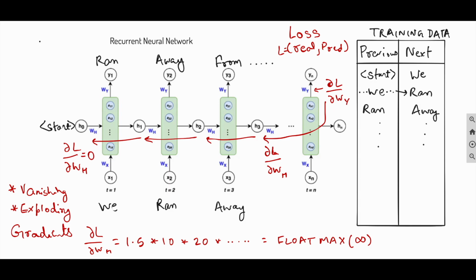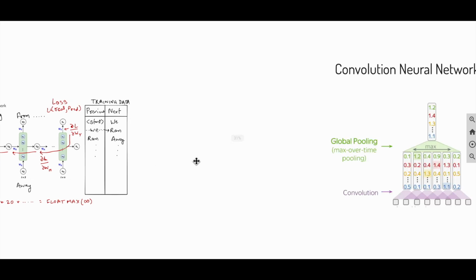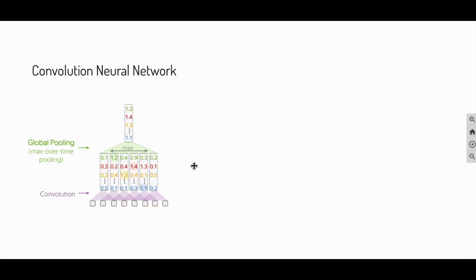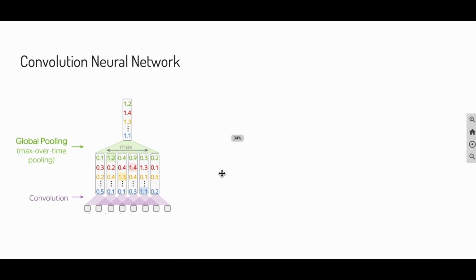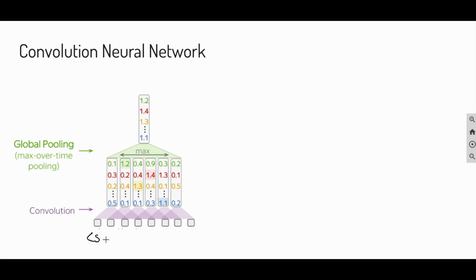Next up, we have convolution networks. Although convolution networks are not widely known to be used as language models, we can use them to generate text. And transformers, which are state-of-the-art language models today, borrow a lot of ideas from convolution networks. Just like previous models, in convolution network also, we feed in n previous words to predict the n+1th word.